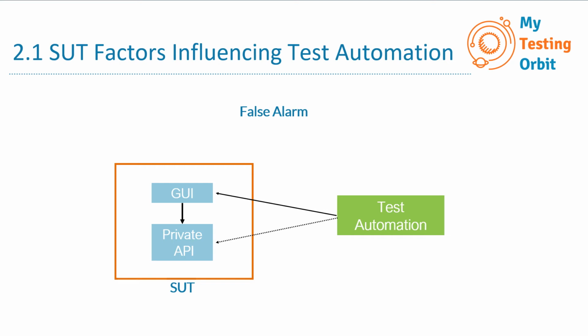In order to automate that, we have to use some mock objects, which will let us automate that, but it might give us a few results which are not true, which we might think are issues, but actually they are not issues in the system. They are issues because of the level of intrusion we have made for our test automation. And actually in live, when actual users use that system, they will not find those kinds of issues. So this is what we meant by false alarm.